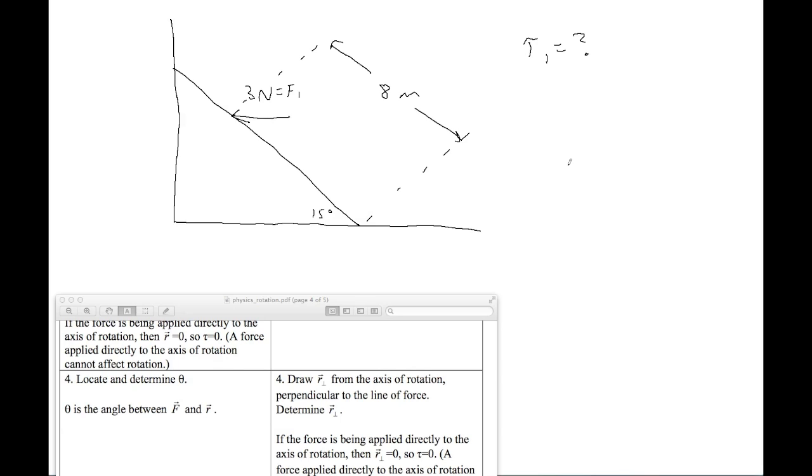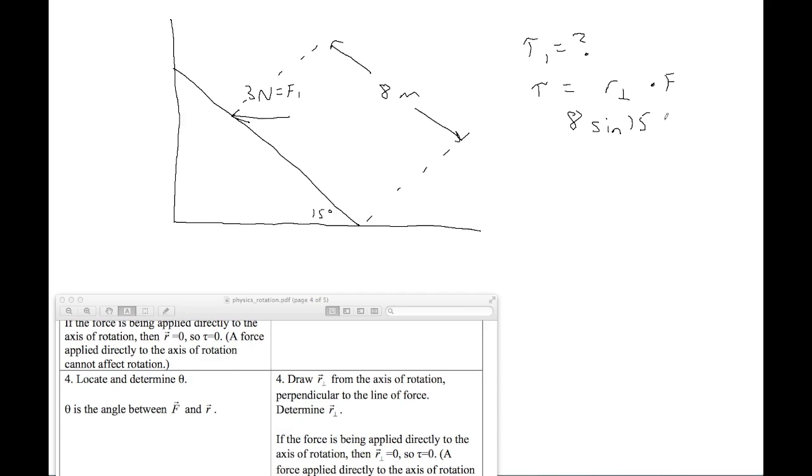This is 15. Okay, so in this case, my R perpendicular would be, I'll do his method, so that would be sine of 8 times sine of 15 degrees, and then times 3 newtons for the overall torque.